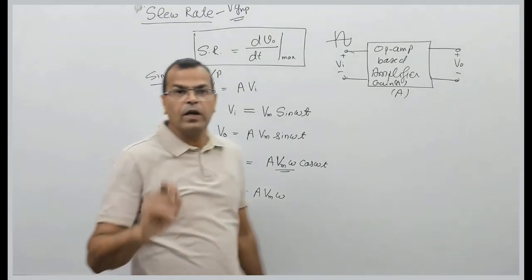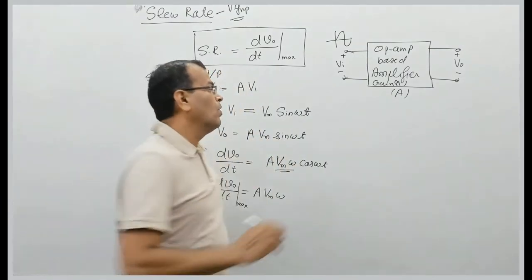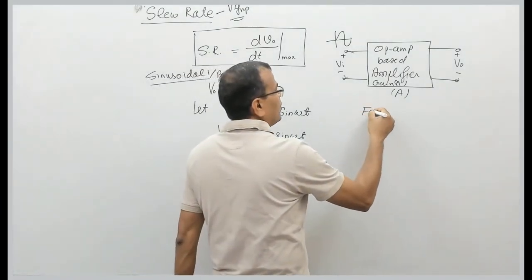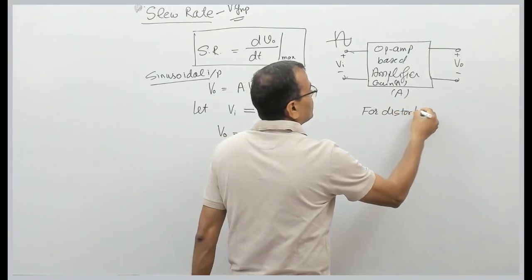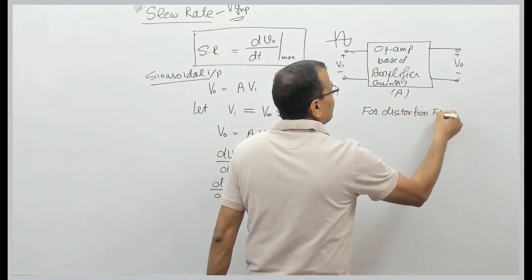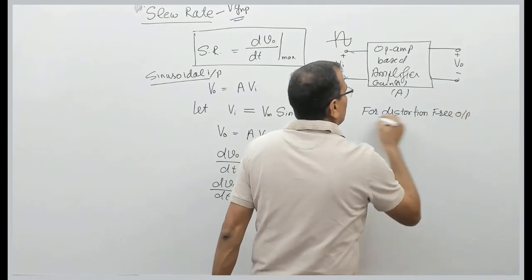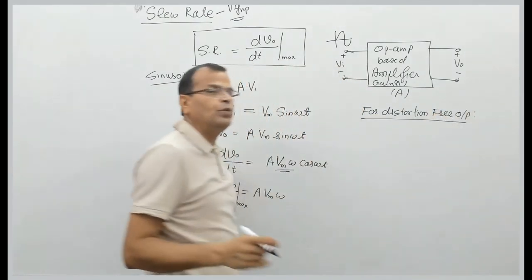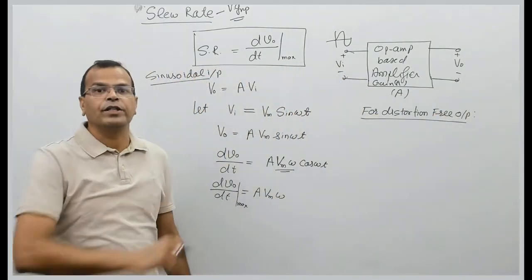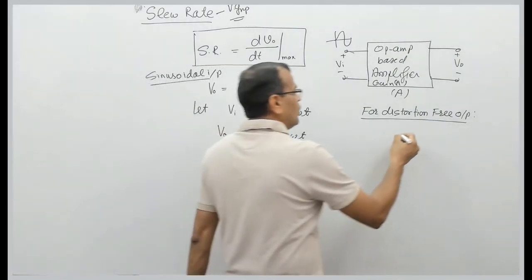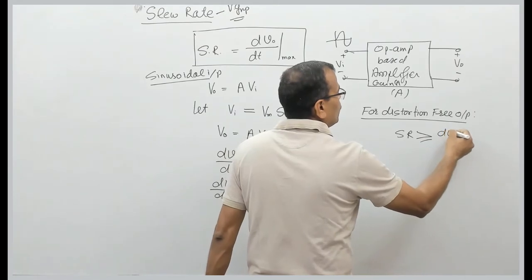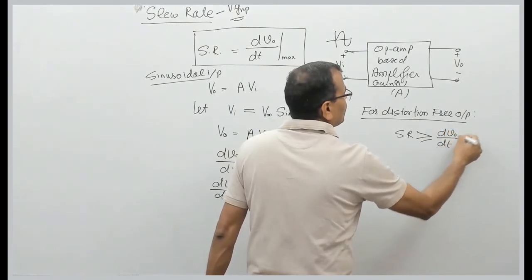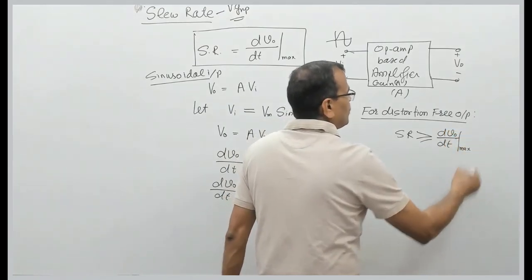Now remember one thing. For distortion free output, remember this point, the slew rate of any op-amp should be greater than or equal to the maximum rate of change of output.